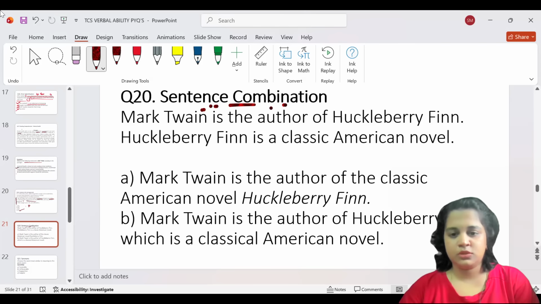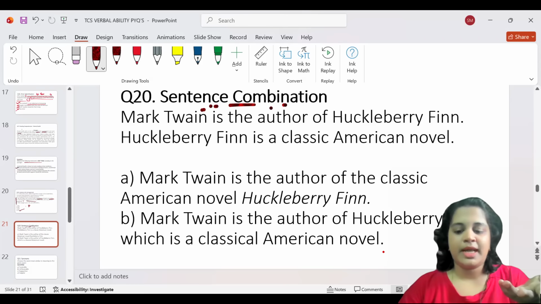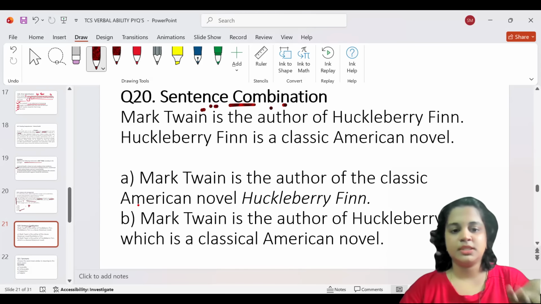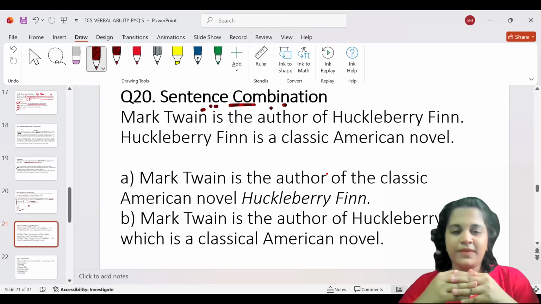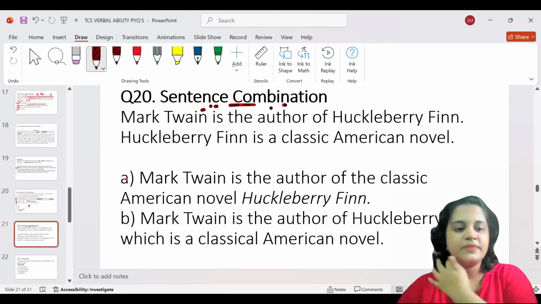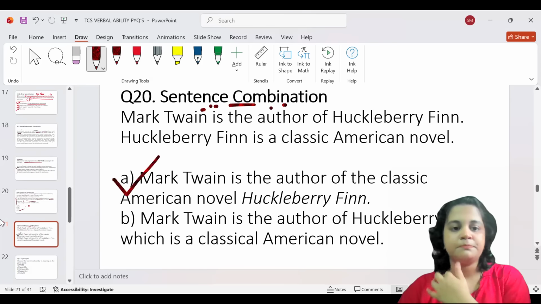Option B: Mark Twain is the author of Huckleberry Finn, which is a classic American novel. Please choose the one that is concise. I feel that option A is very concise. It combines both sentences in a very crisp manner. So it is very clearly option A.